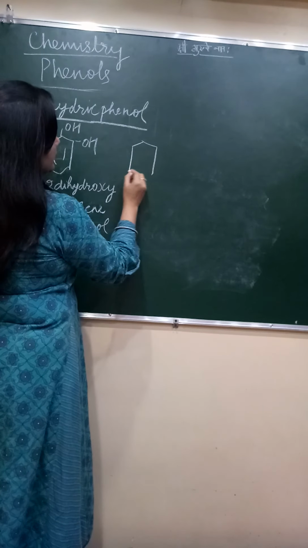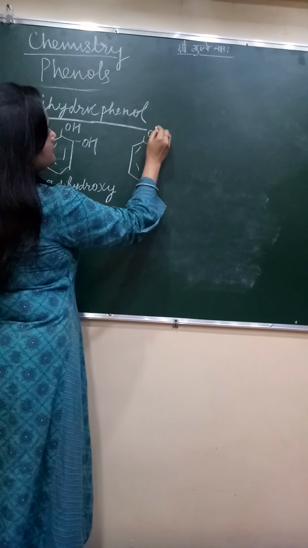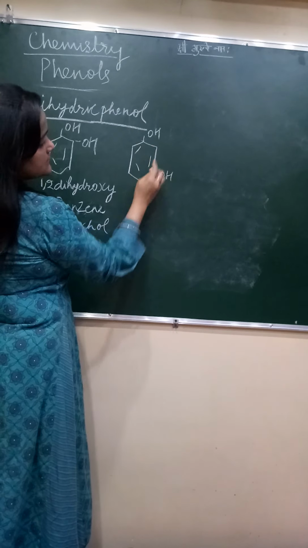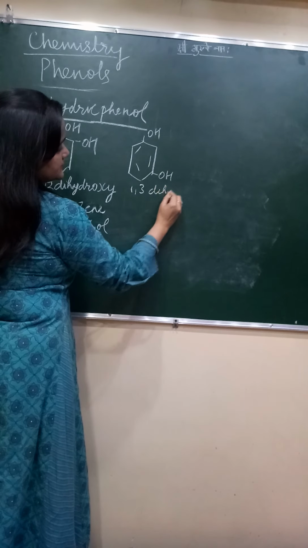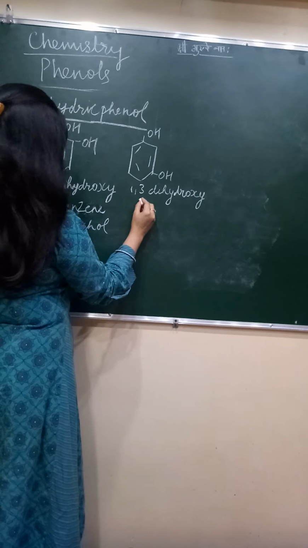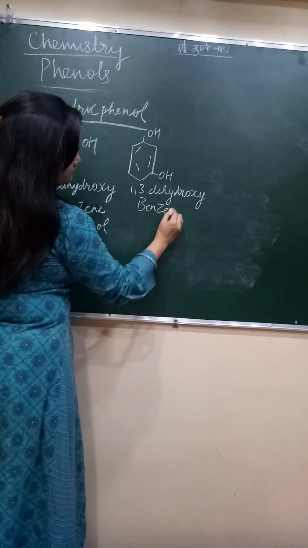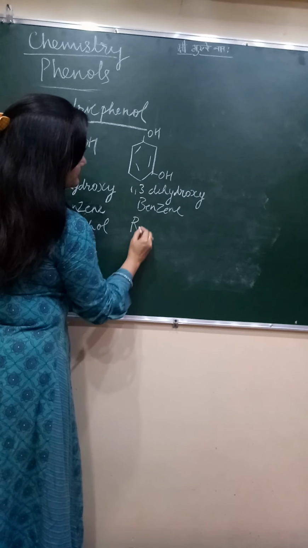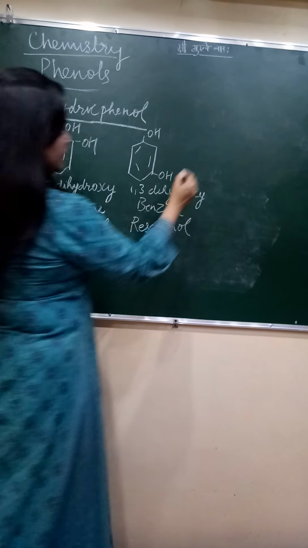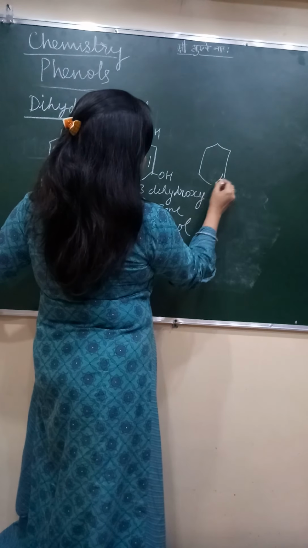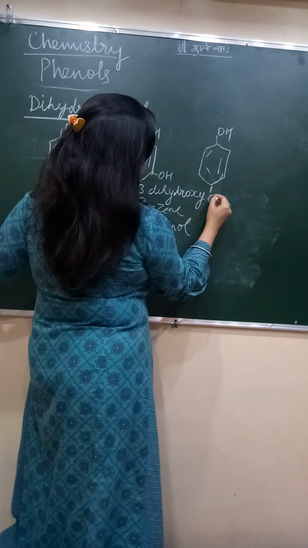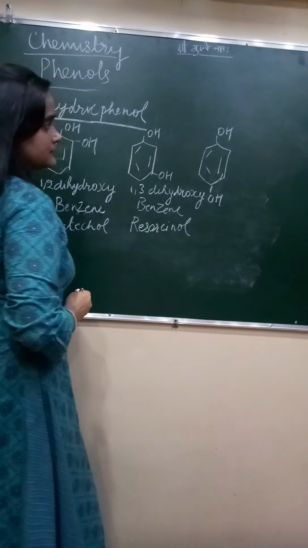Similarly, if the position of the other hydroxy group changes and it comes here, then it is called 1,3-dihydroxy benzene, or the trivial name is resorcinol. This is very important. If the hydroxy group is attached at the para position, then the name changes.